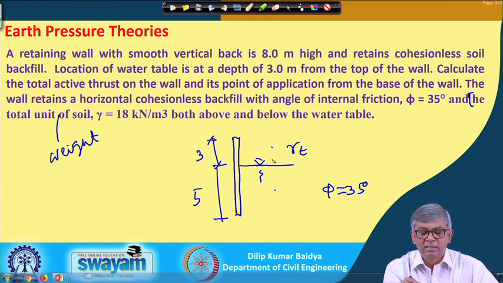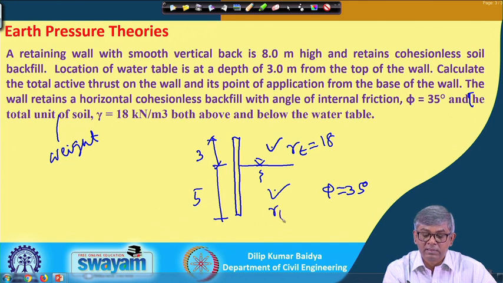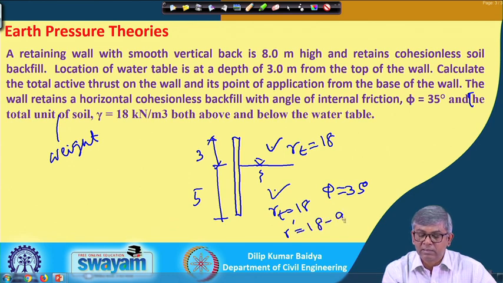Otherwise, for calculation of pressure, gamma t, the total unit weight, will be the same value here and here. It can be different, but for simplicity we have taken the same value, gamma t equal to 18 here and 18 here, but in the calculation below the water table we will use gamma submerged, which will be 18 minus 9.81.